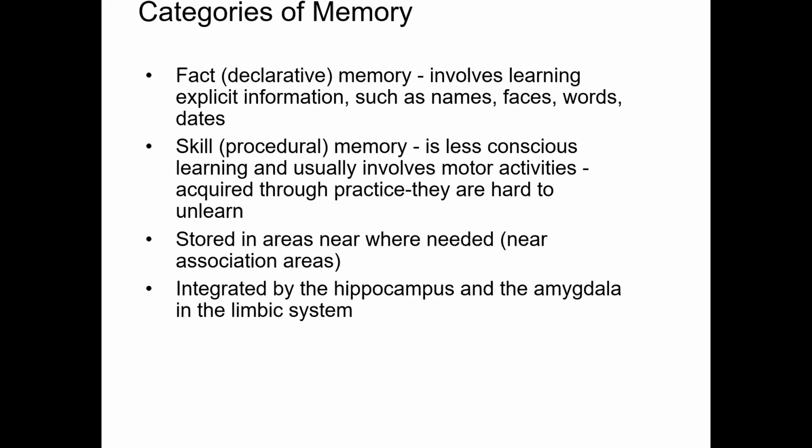The skills would be found near the cerebellum, maybe near the premotor and the primary motor areas of the frontal cortex. So the hippocampus and the amygdala are going to tie them in to the limbic system. Do certain memories, factoid or skill memory, trigger an emotional response? That's where the limbic system comes into play.